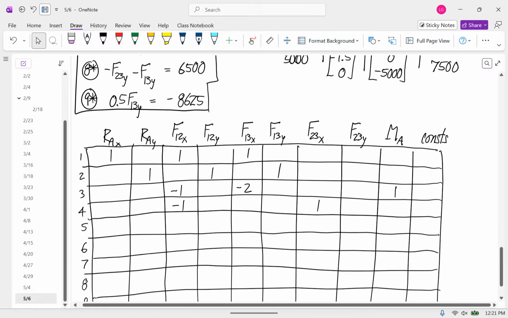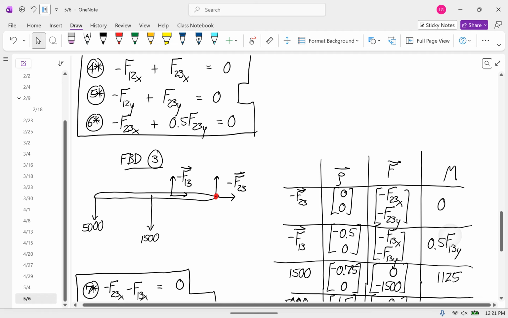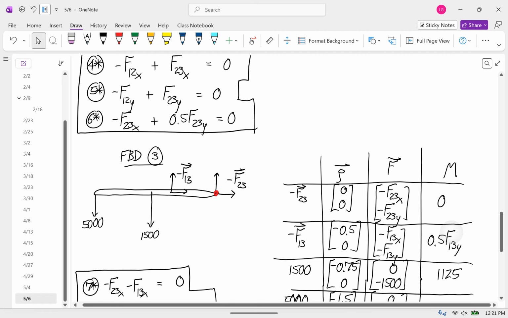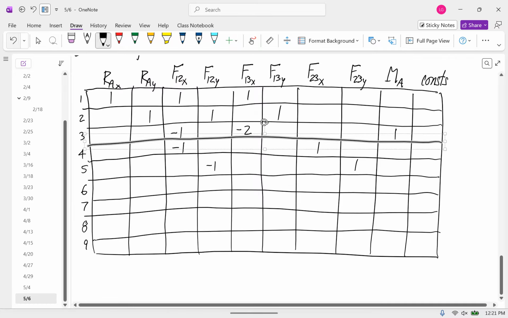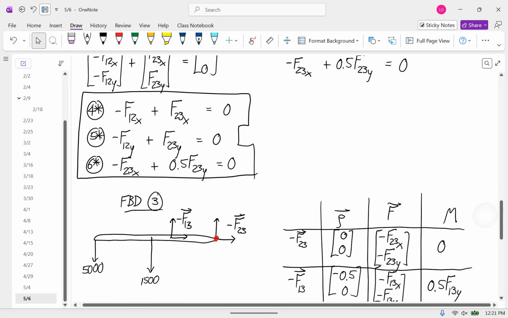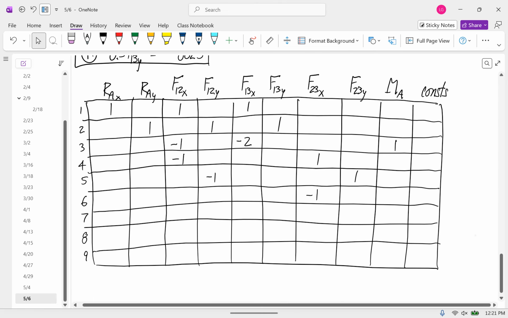And then the same thing with the y components. And then F23X is -1. And F23Y is 0.5.